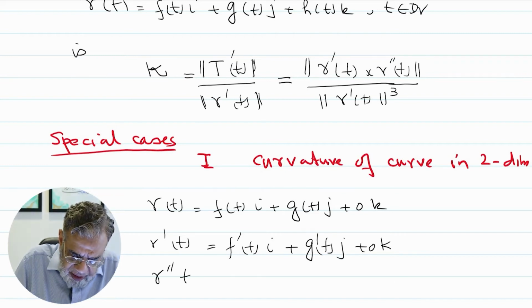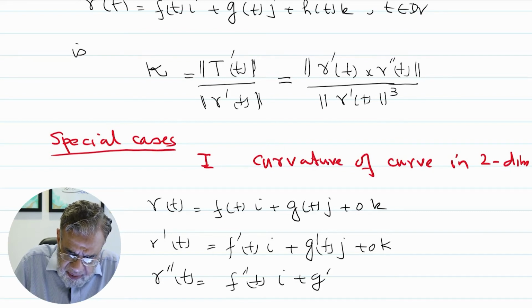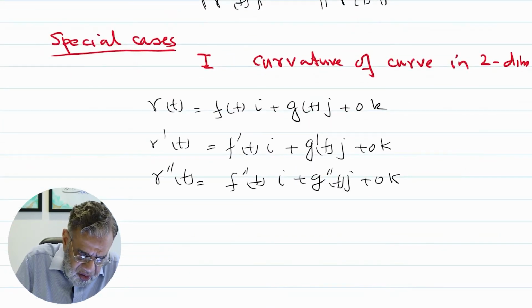Again, we find r''(t), which is f''(t)i + g''(t)j + 0k. Now we take the cross product of these two to substitute in the formula, r'(t) cross r''(t).